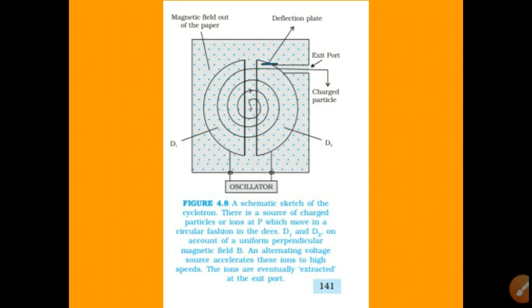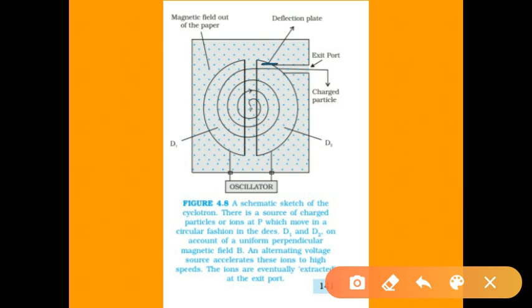It is the schematic diagram of a cyclotron. It consists of two D-shaped metallic containers. They are known as Ds.